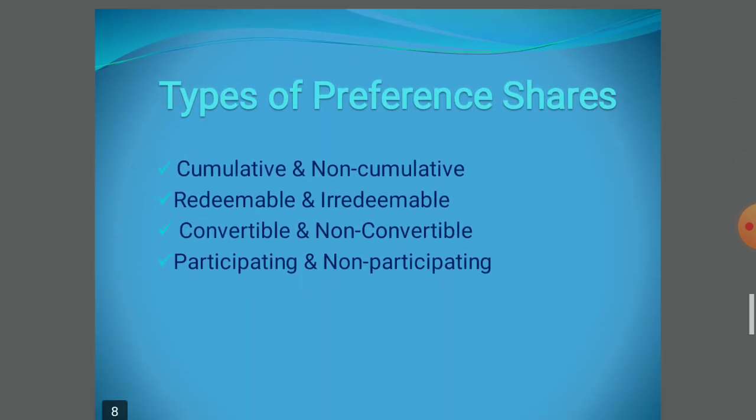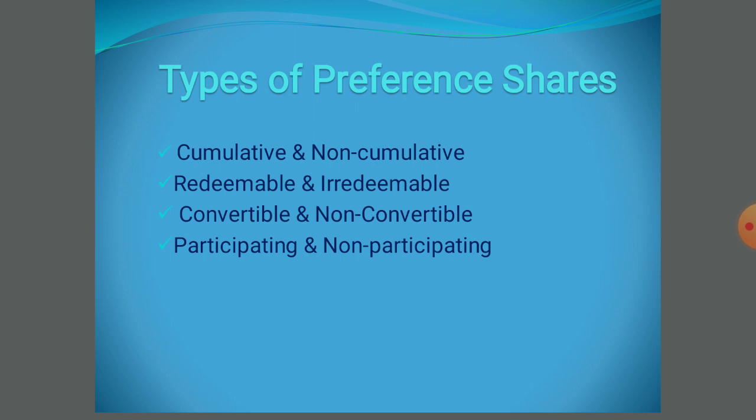Now, there are different types of preference shares. First is cumulative and non-cumulative. As I already explained, cumulative preference shareholders are the shareholders who are going to get the benefit of accumulation of dividend. That is, if in the previous year the company has not paid the dividend, this year cumulative preference shareholders are going to get the benefits of dividend of previous years plus this year's dividend.